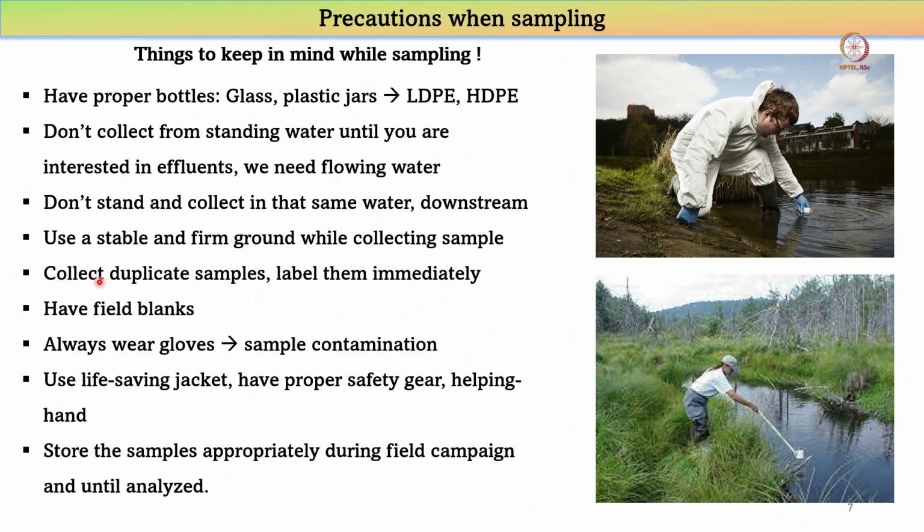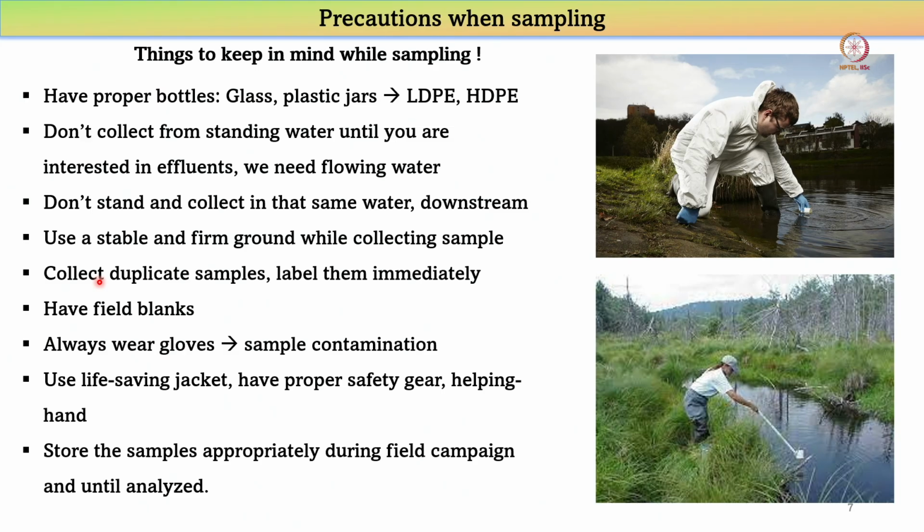Always collect samples in duplicate as much as possible. Try to have an extra sample, and they should always be labeled immediately and named properly with the proper sample number and date specifically. So these two things are extremely important: one is the sample number and the other is the date that you're collecting.